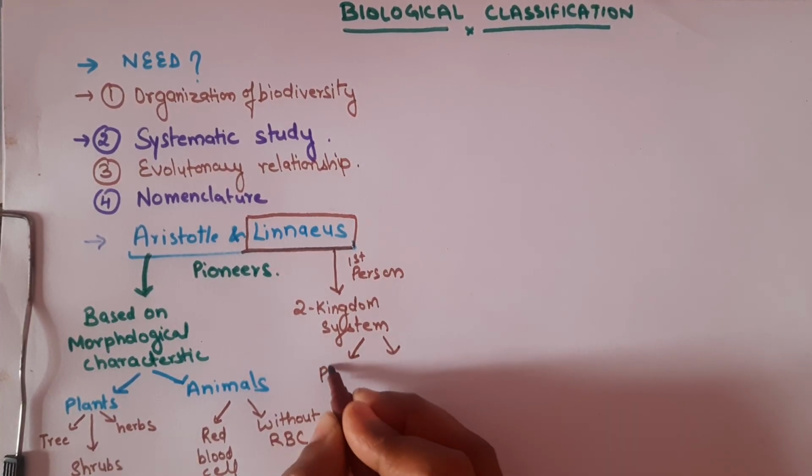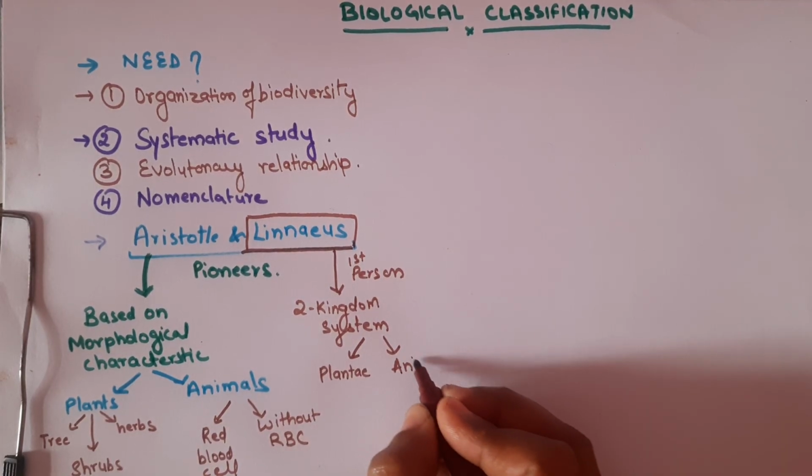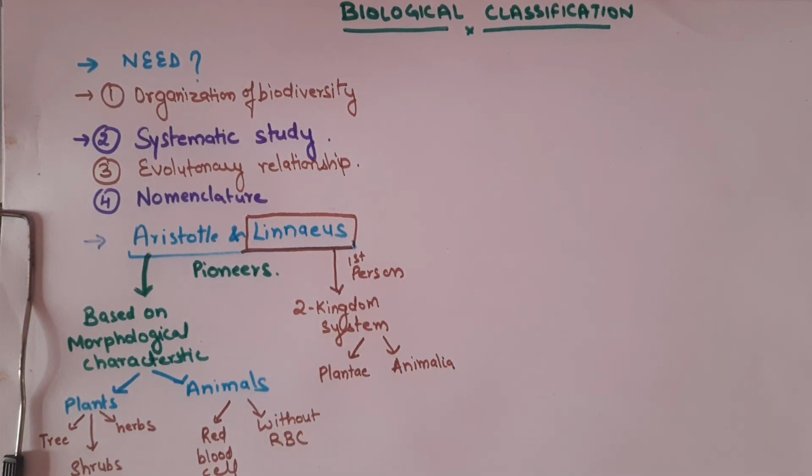So what does the two kingdom system comprise of? Plantae and Animalia. And in my previous video we also learned that Linnaeus developed the binomial nomenclature also. Now let's talk about the two kingdom classification system.